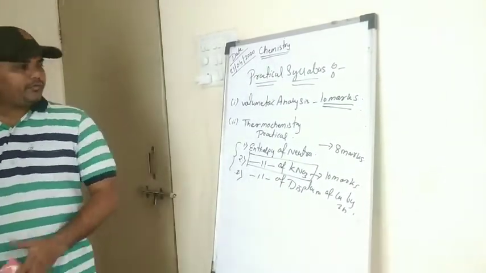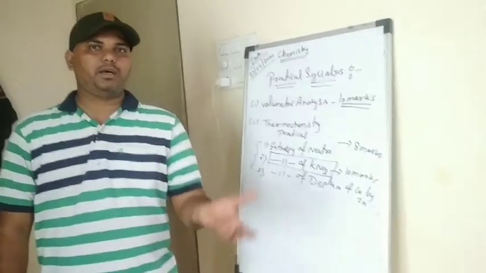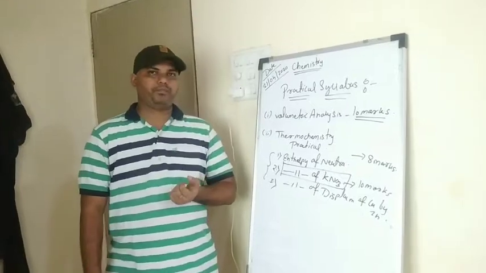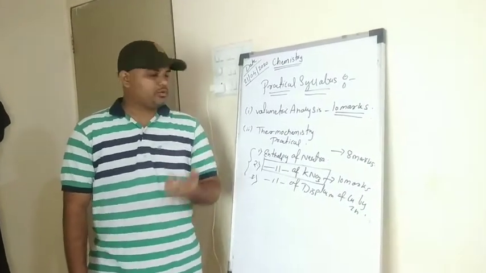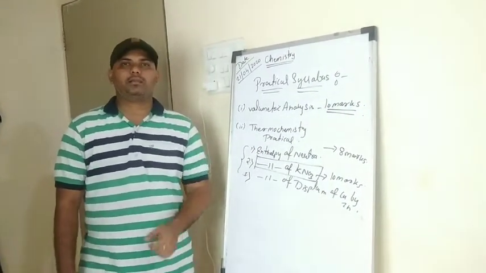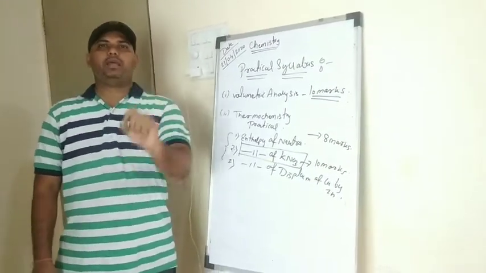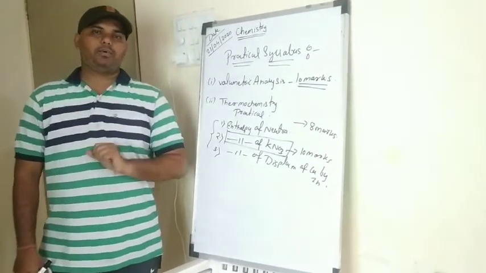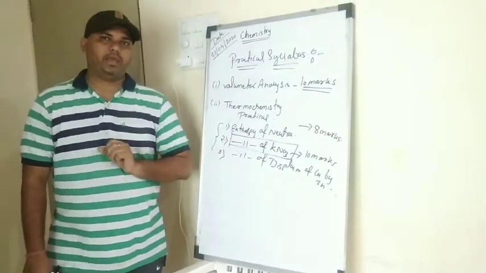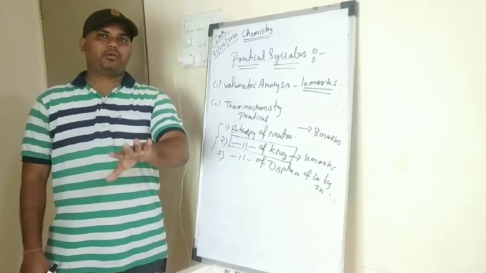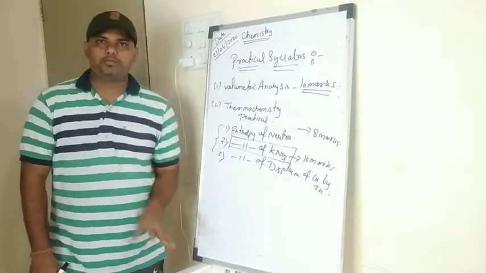Last year also we had learned a number of terms. One of the terms we have been frequently using is enthalpy. Enthalpy is nothing but the total heat content of the reaction. For example, if any reaction takes place, some amount of heat is either evolved or absorbed.